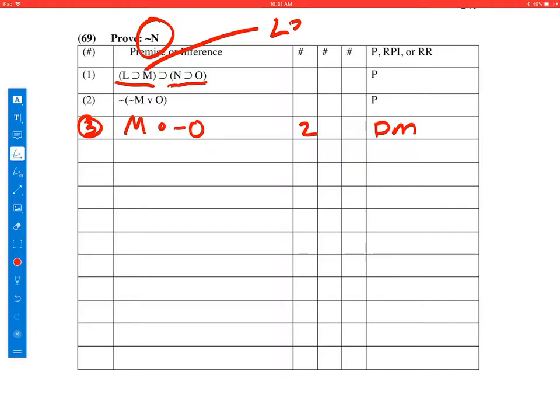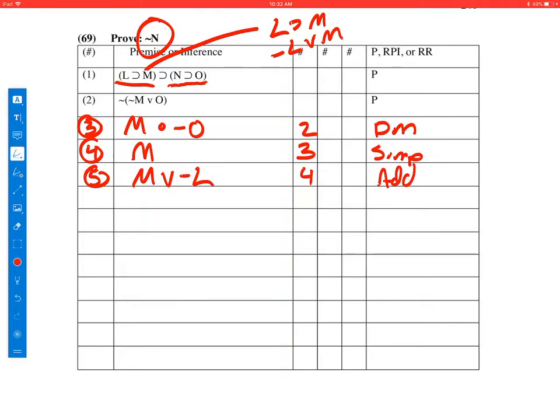Okay. And let's look at this antecedent on 1 for a minute. It's L then M, which is the same as not L or M. So I think I can get to that antecedent with this M from 3, simplification. And to it, I'm going to add a not L for addition.